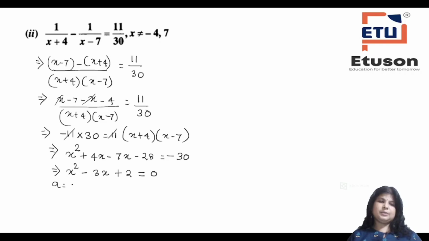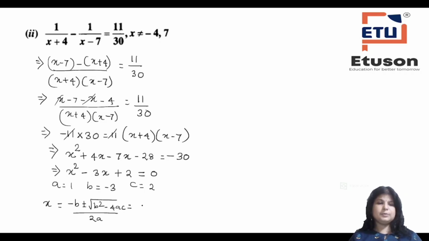Your a is equal to 1, b is equal to minus 3 and c is equal to 2. So what will be your x value? X is equal to minus b plus minus square root of b square minus 4ac divided by 2a. So what is minus b? It is 3 plus or minus square root of b square means minus 3 square.